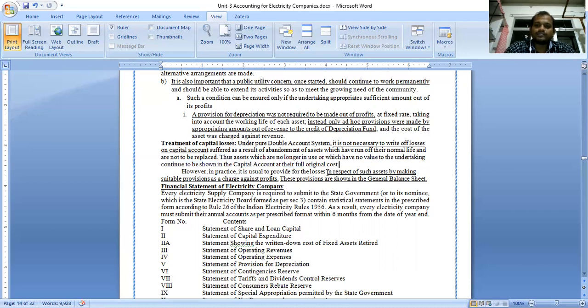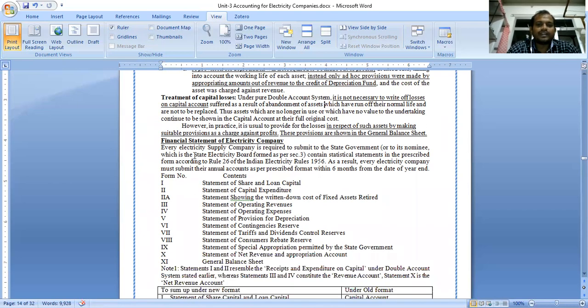So in respect of such assets, by making suitable provisions as a charge against profits, so it is in practice. These provisions are shown in the general balance sheet. Likewise, I told you the depreciation. So the depreciation fund will be shown in the general balance sheet liability side. Okay, depreciation is a loss of asset, but we are not reducing the amount in the capital account.